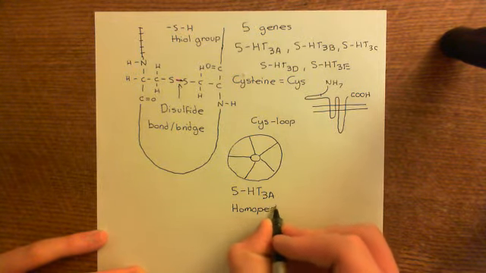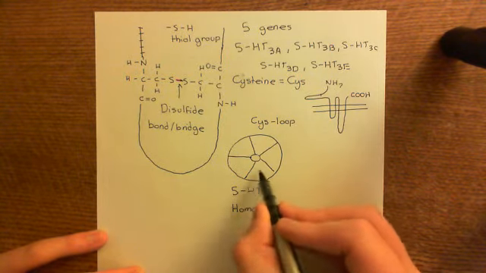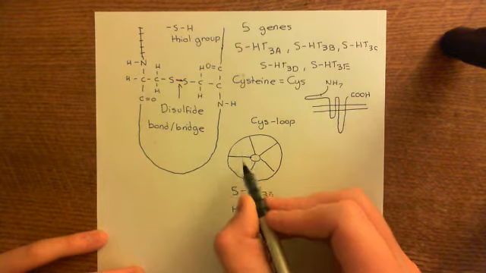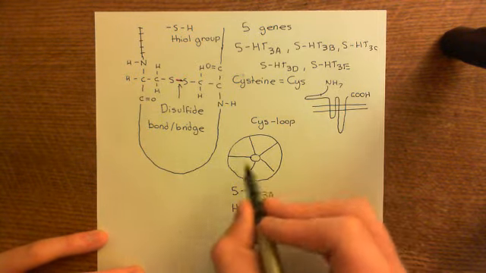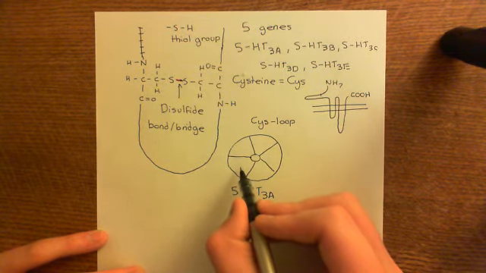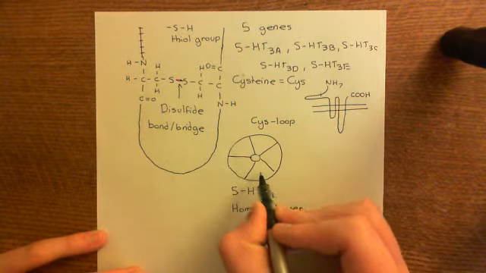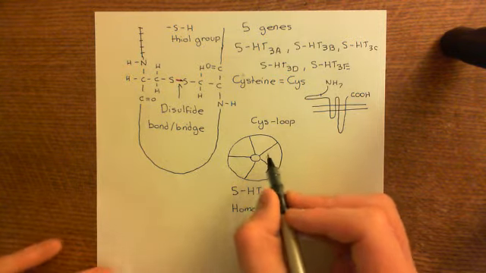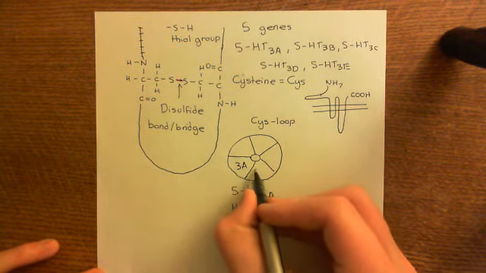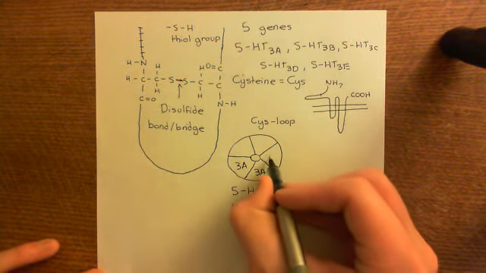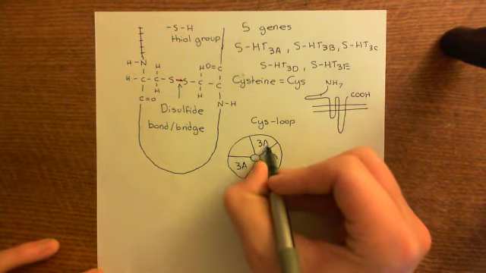So basically, in this homopentamer, you have 5 identical subunits in all 5 slots of the 5-HT3 receptor. So in this slot here, you have a 5-HT3A subunit. In this slot, you also have a 5-HT3A subunit. So basically, absolutely all of them are the 5-HT3A receptor subunit, and I can't fit in the full name of it, so I'll just put 3A in each of these.